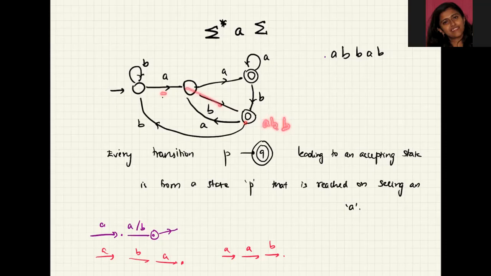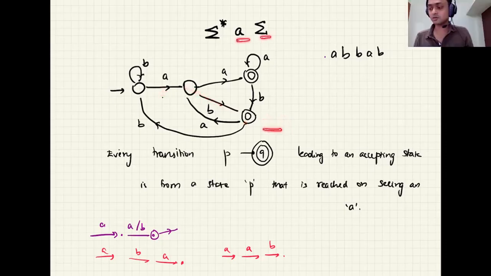So the names of these states, you can call QAB, QAA, QA, and let's call this Q epsilon, in the sense that you have not seen anything at all. You are yet to see anything.